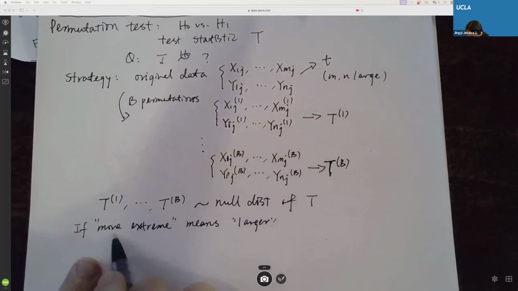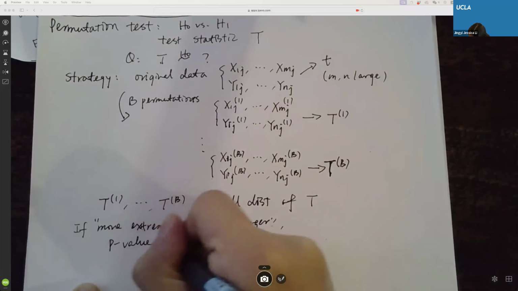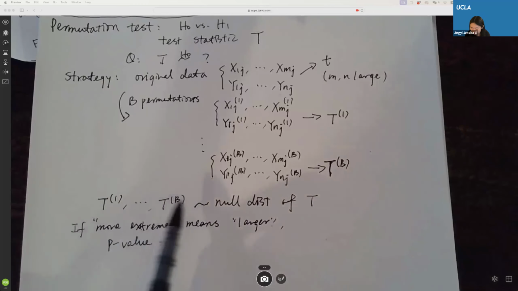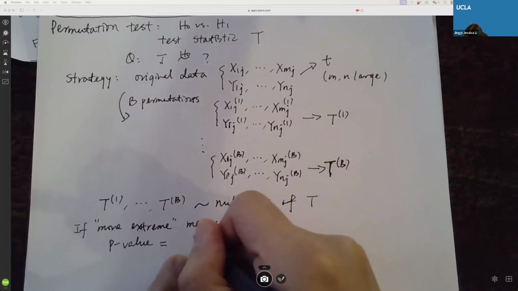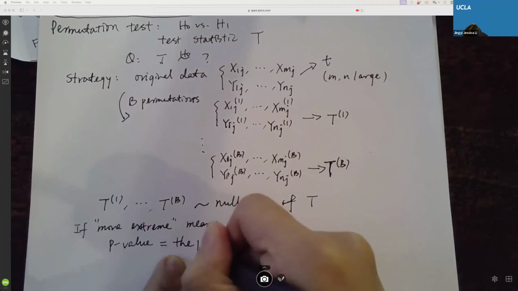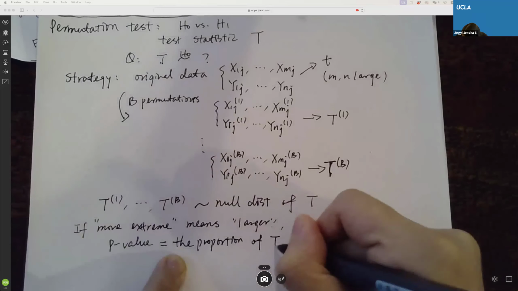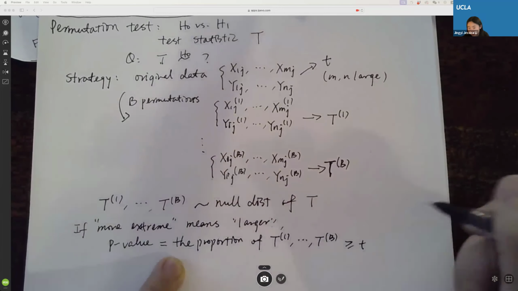Either way, depending on how you define more extreme under the alternative scenario, the p-value can just be defined as the proportion of those capital B null values that are bigger or equal to the observed value t. So that is, we just look at the proportion of this T1 to TB that are greater or equal than our observed t.